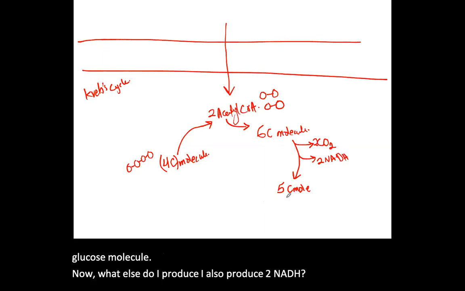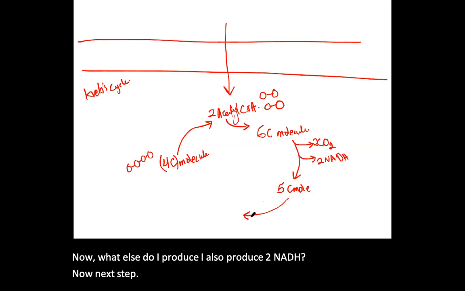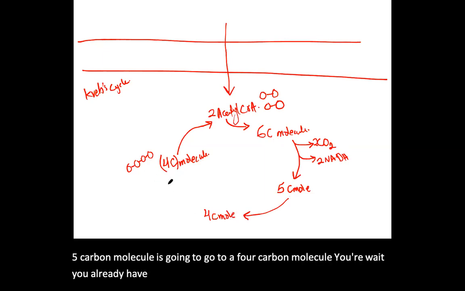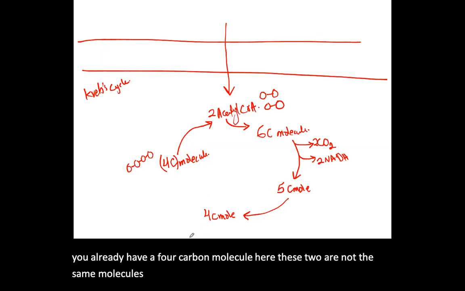Now, next step, the 5 carbon molecule is going to go to a 4 carbon molecule. And you're like, wait, you already have a 4 carbon molecule here. These two are not the same molecules. So what do you produce when you go from a 5 carbon to a 4 carbon?